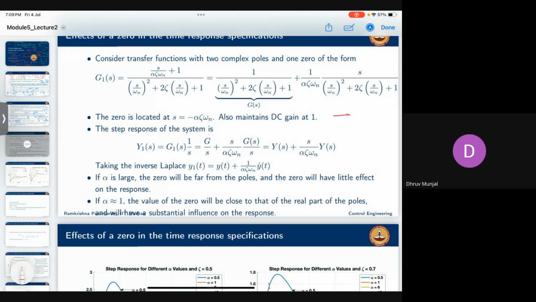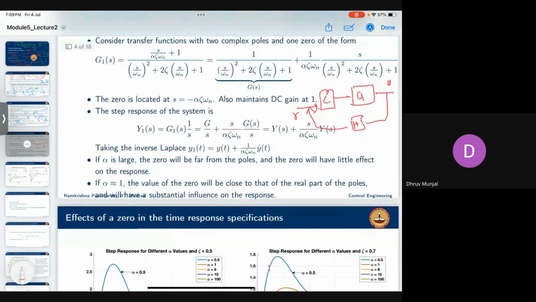So if I have a system, there is a controller, and this is the output, right? For example, if I take the same car example, my input value is 100 kilometers per hour.